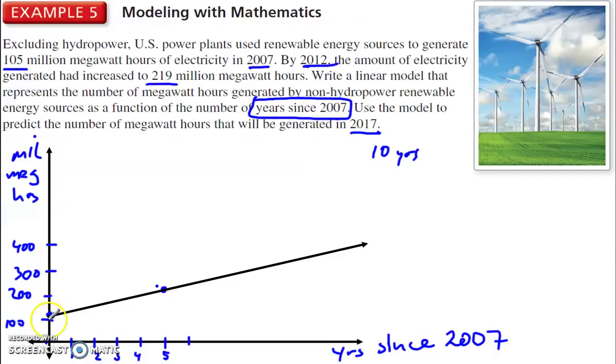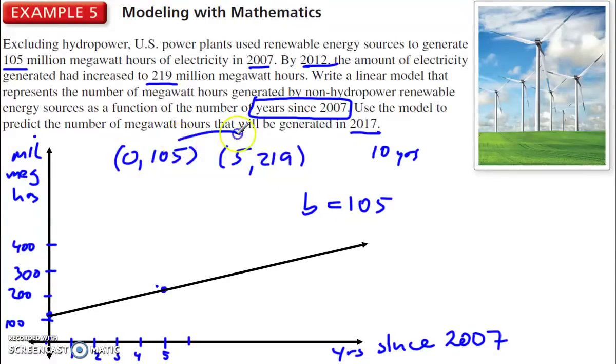Okay, so this is my y-intercept. So I can either say this point is (0, 105), or I can say that's my y-intercept. And then the next one is (5, 219), and I can make an equation in slope-intercept form out of this. Now here's my y-intercept, 105, because that's 0, so b is 105.